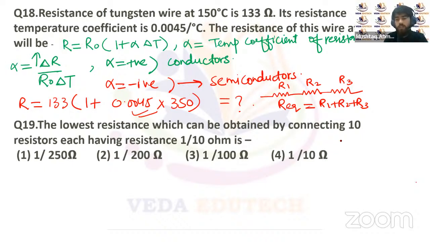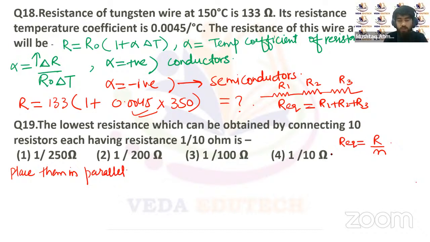If n resistors, each of resistance R, are connected in parallel, their equivalent resistance will be R upon N. So the minimum resistance will be obtained by placing them in parallel.